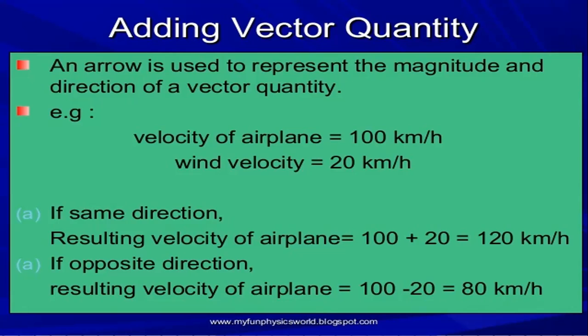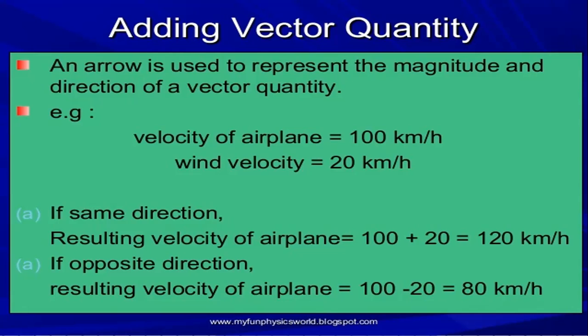What we mean by this is if you have the airplane going at a velocity of 100 kilometers per hour and there is wind going at a velocity of 20 kilometers per hour, and the wind is blowing in the same direction that the airplane is going, then the total velocity is going to be equal to 100 kilometers per hour plus the 20 kilometers per hour, which is going to be 120 kilometers per hour. And we're dealing with velocity, which is a vector quantity.